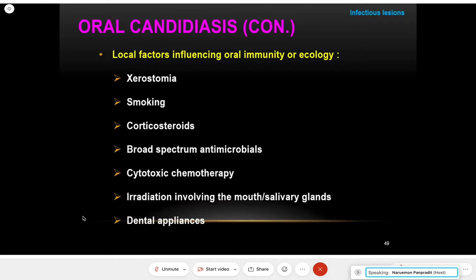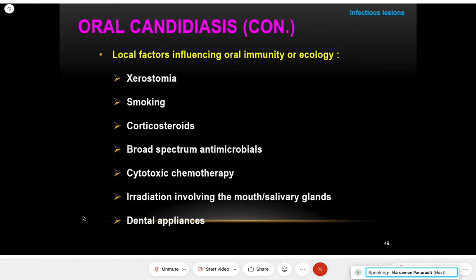Other causes include smoking and corticosteroids. Corticosteroids, whether local or systemic, depress the immune system, so any infectious lesion can overgrow. How about broad-spectrum antimicrobials or antibiotics?